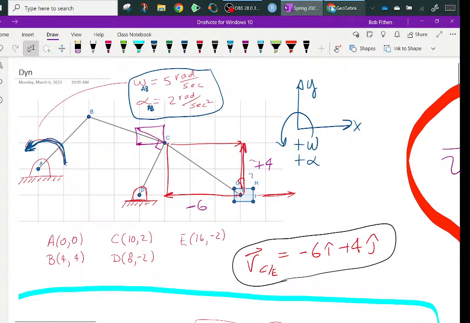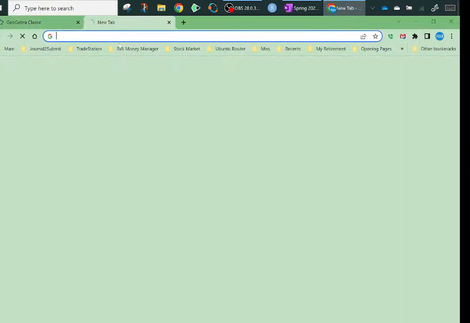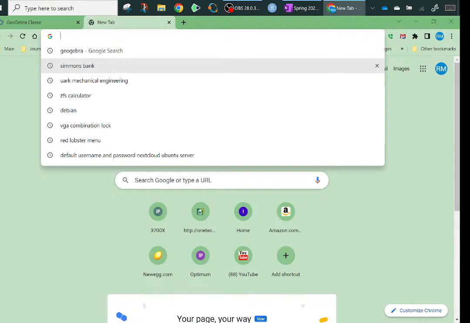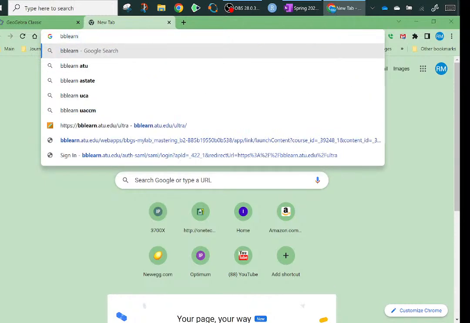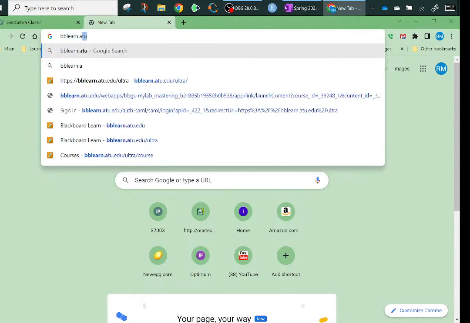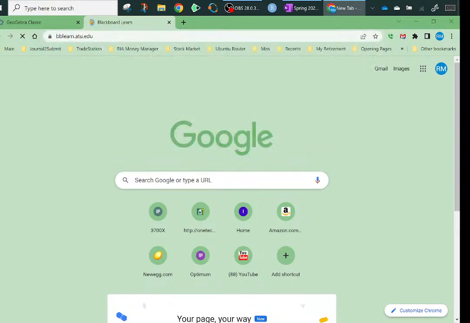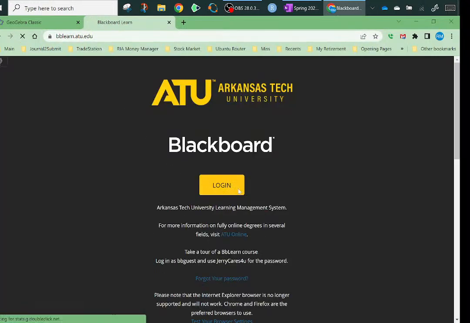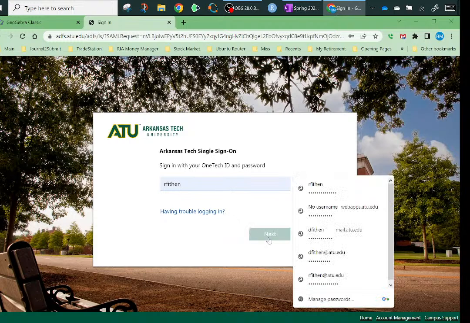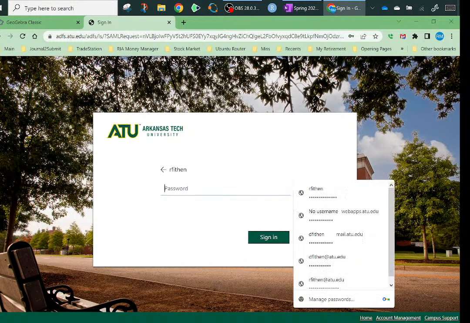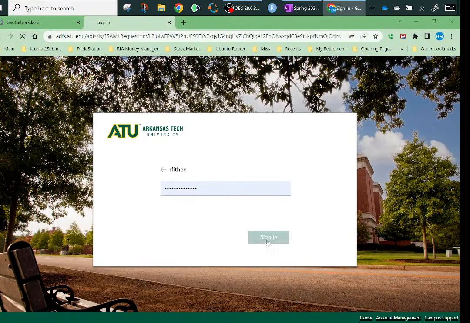So that is what I'm trying to get to. Let me see what's in there. Okay, now let me see. Is that the right password? I have no idea.